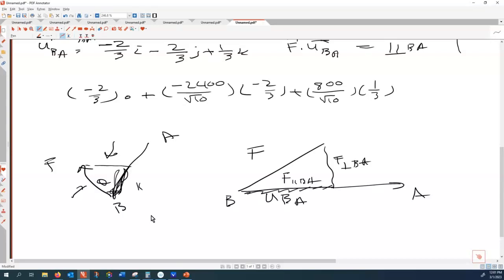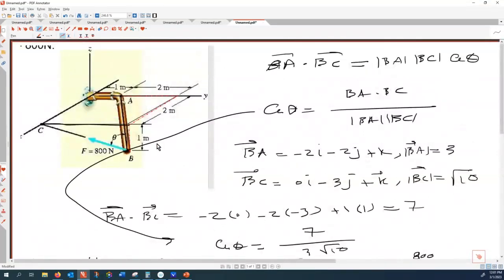Sorry, but I'm a little confused. If we do this same thing on this diagram, it kind of doesn't make sense to me. Can you do it on the diagram? With the diagram, okay. On the diagram. All right. So this is BA.